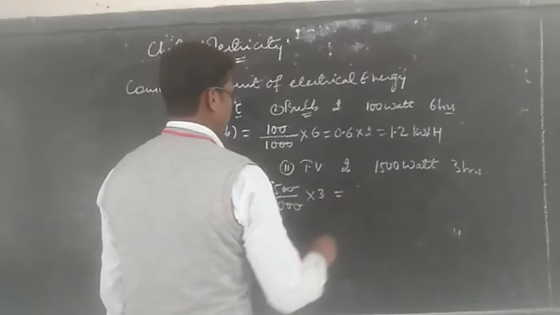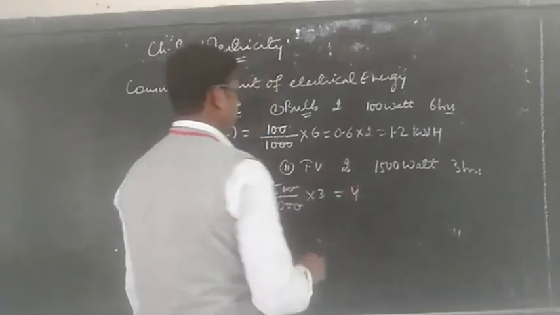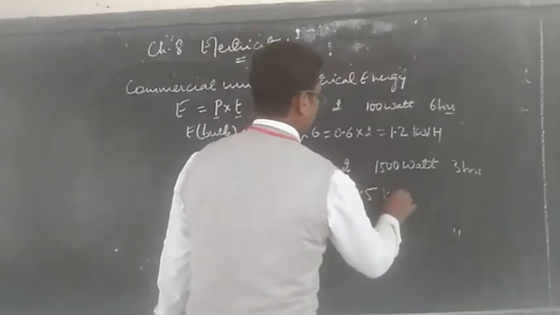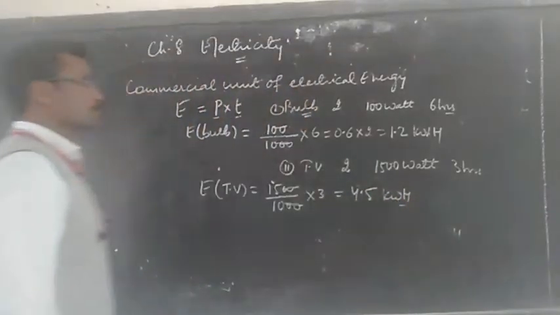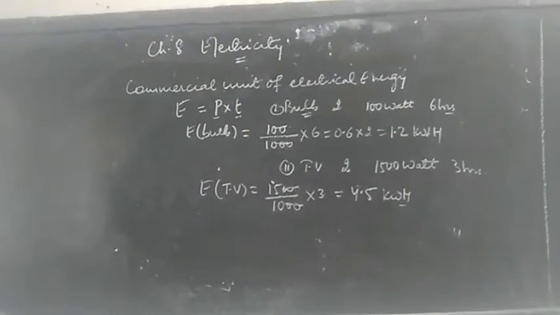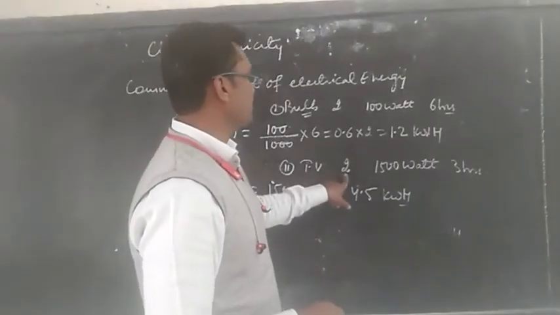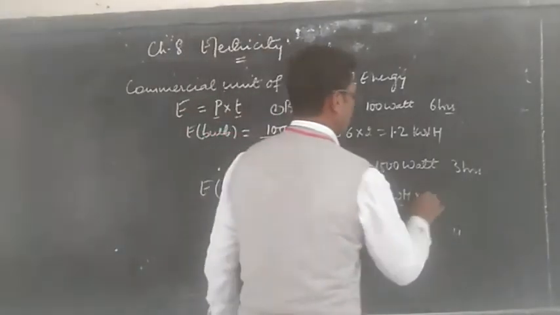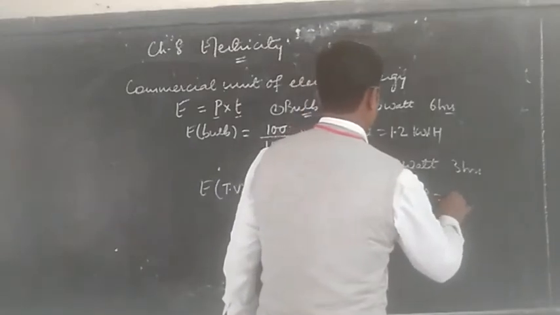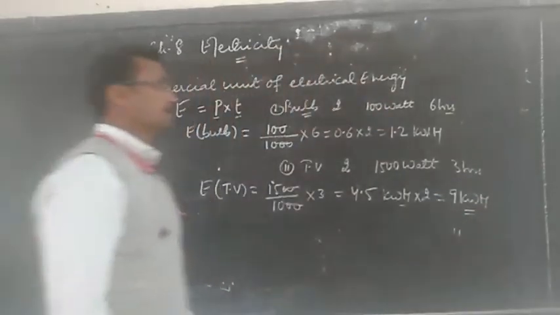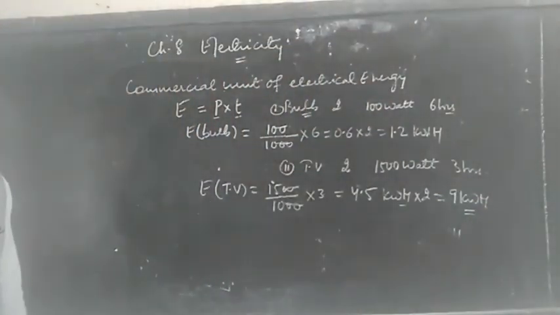So we are getting 1.5 into 3, that is 4.5 kilowatt hour. This is the electrical energy consumed by TV. So what will be the total? Now you can see here we are using 2 TVs here, so multiply this by 2 so that we get 9 kilowatt hour, which is the electrical energy consumed.